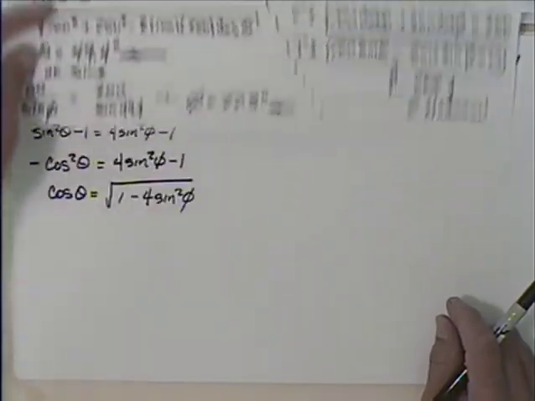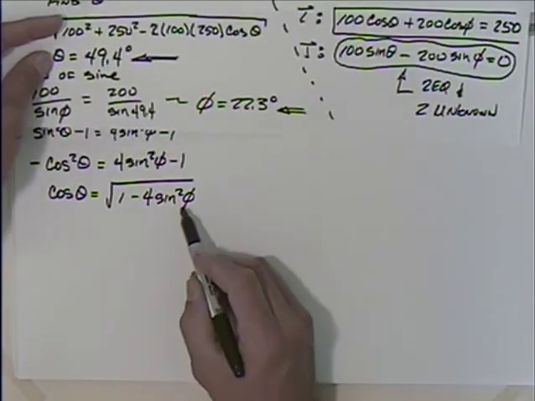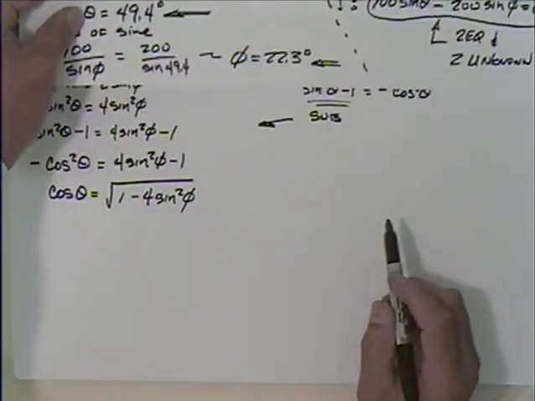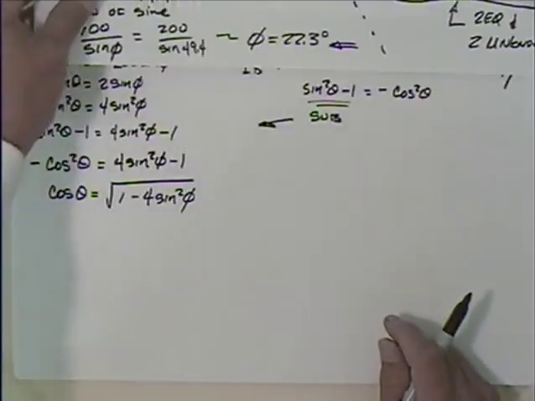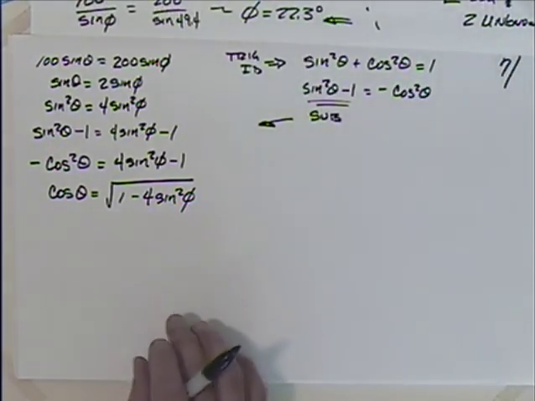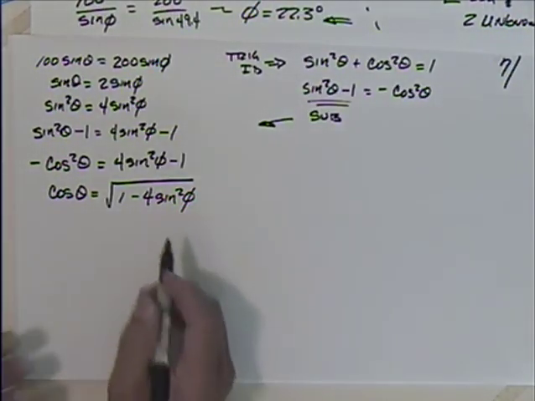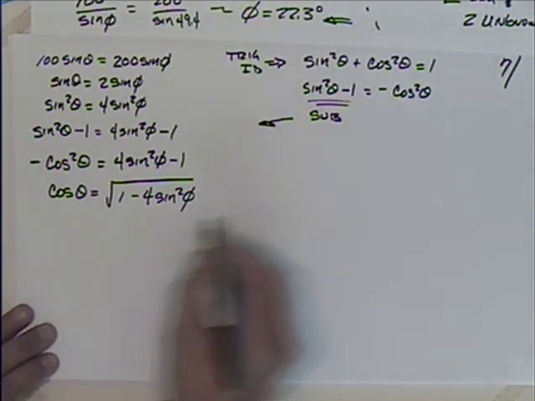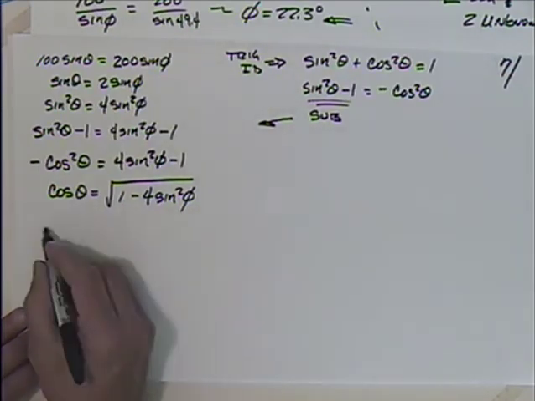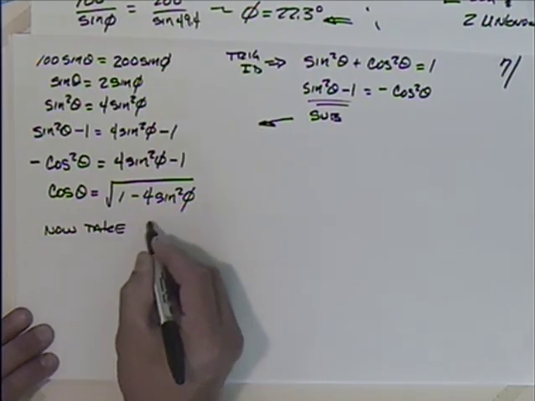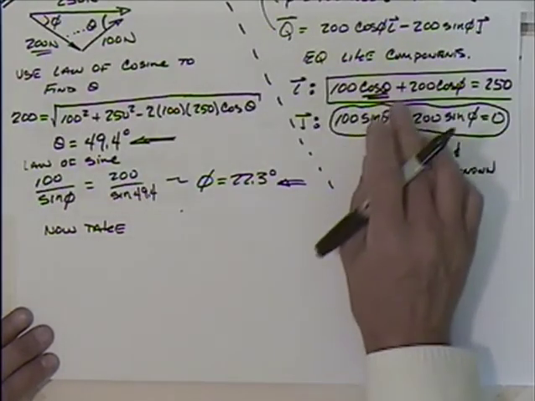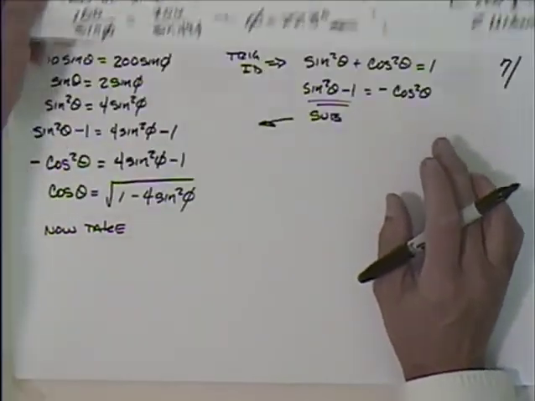Okay. I've got an expression for cosine theta in terms of phi. So I'm going to substitute into that one right there. We'll see what we get. Now take our equation, that one that I put a square around over here.